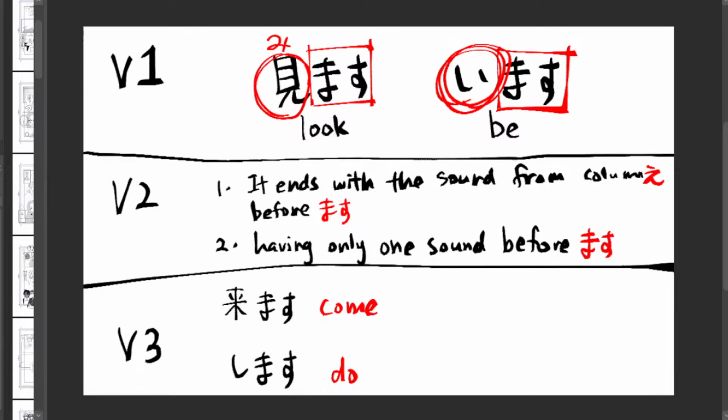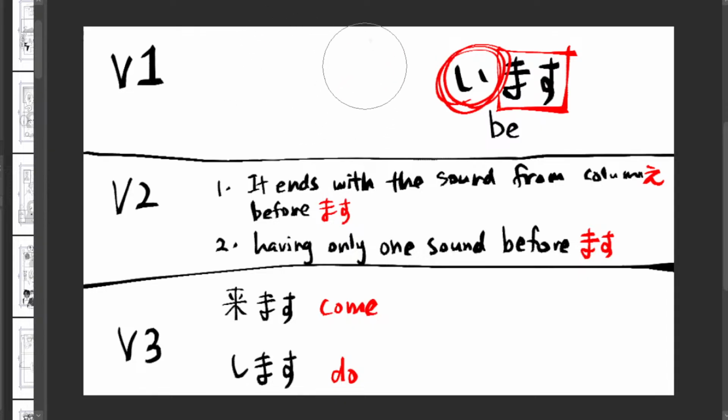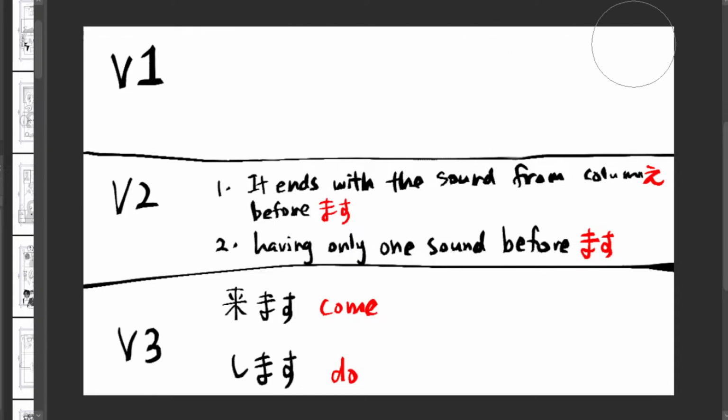So this is V2, and other than that would belong to V1. Other than V3 and V2, everything belongs to V1. Of course, we have some exceptions.